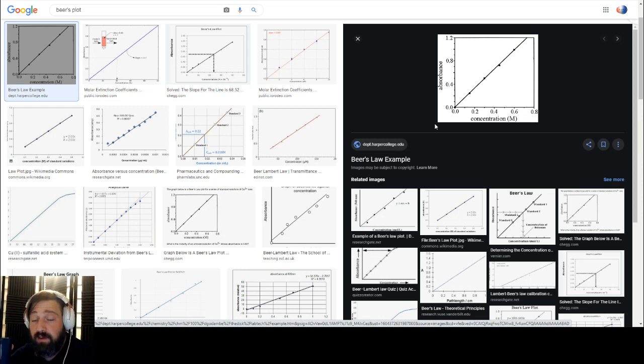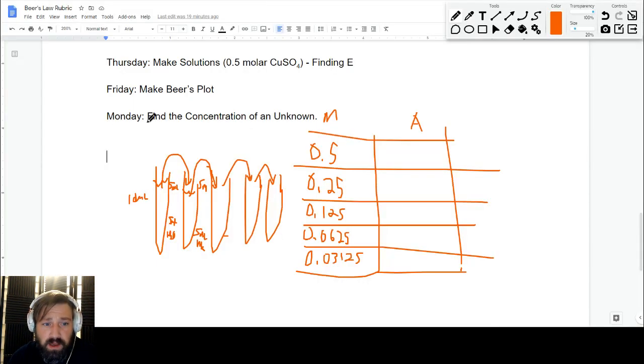Congratulations. You now have the ability to find any concentration of copper sulfate that I can give you, which is going to be a good thing, because on Monday, I'm going to give you an unknown concentration of copper sulfate, and you're going to use your Beer's law plot to tell me the correct concentration. This is going to be pretty easy.